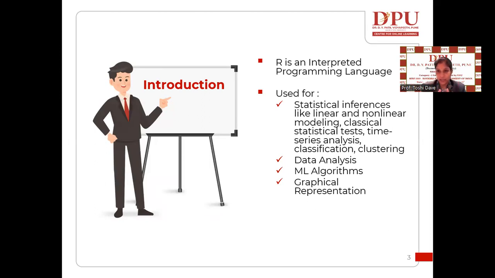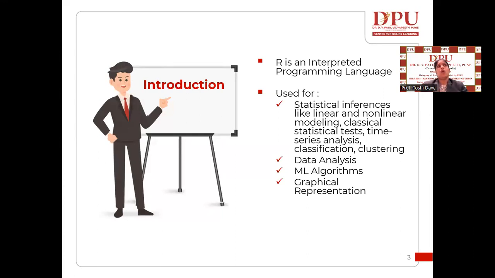An interpreter is also a translator. So R requires an interpreter for line by line execution. After you code the complete program, you are supposed to execute each line, and if you want, you can also execute a block of code.